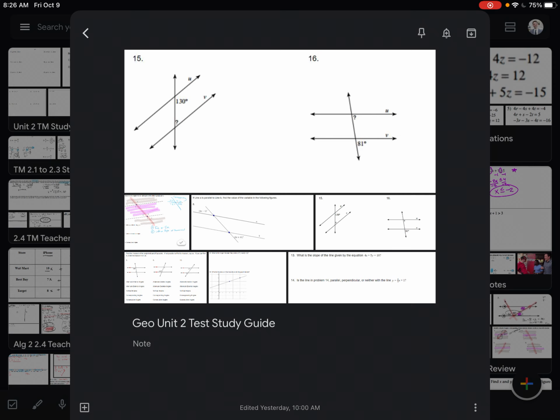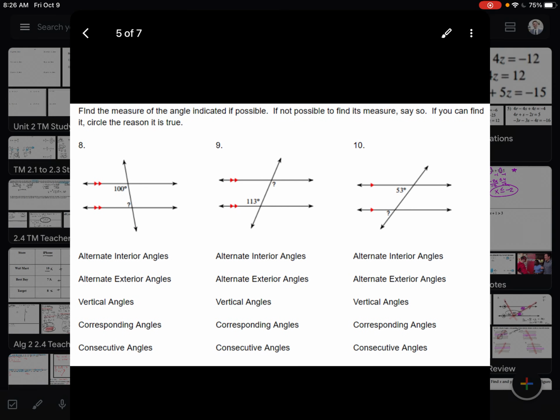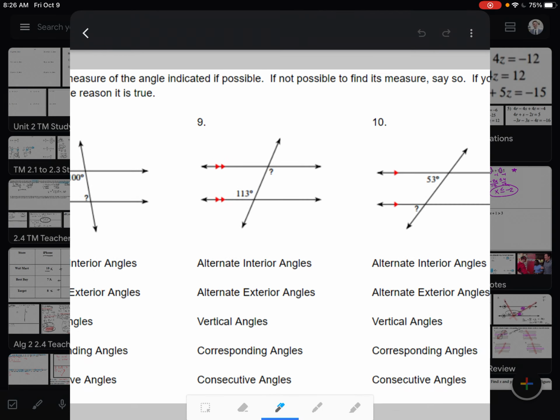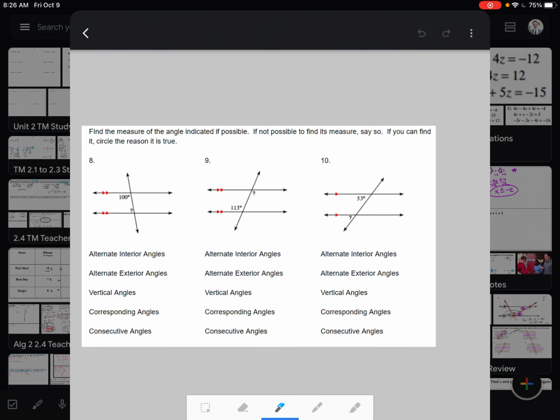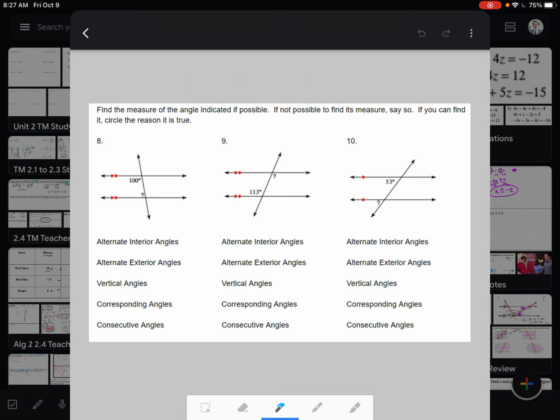All right, so let's go to our next question here. Identify some of these pairs based off of the measure of the indicated angle. So they're telling us here that we have 100 degrees, that we have parallel lines. These are consecutive, because they're both on the left side.